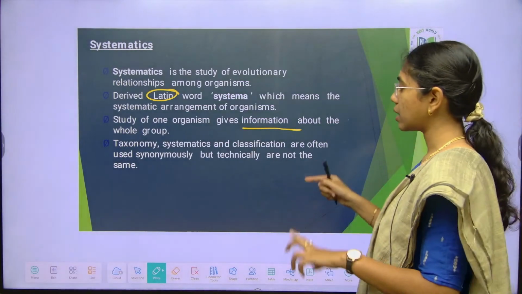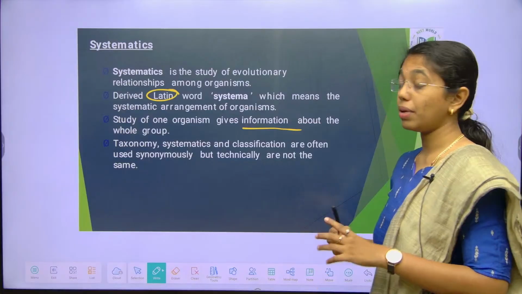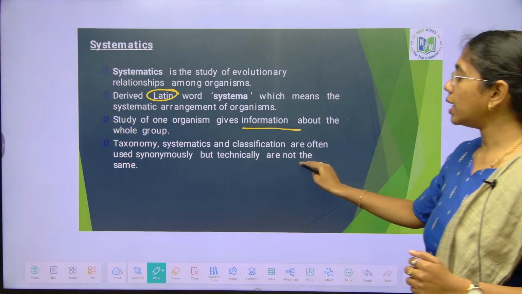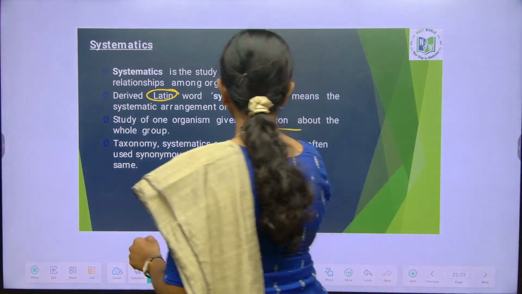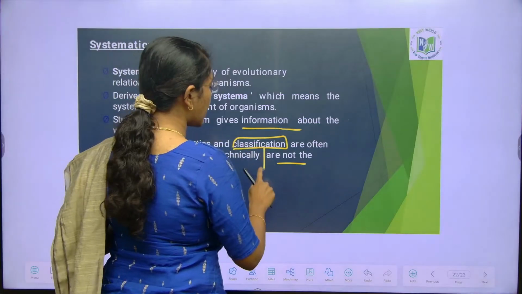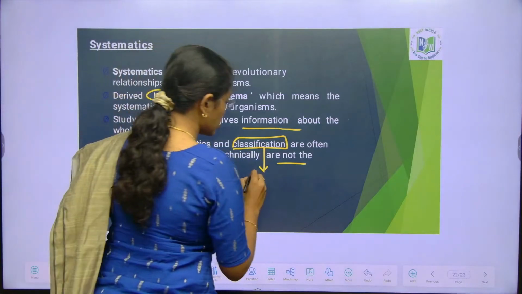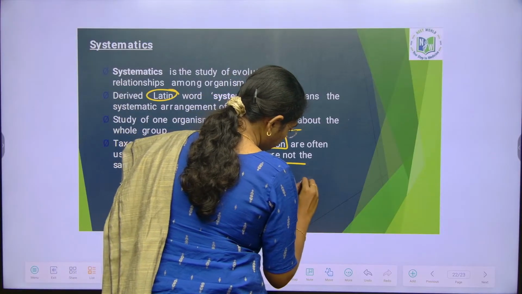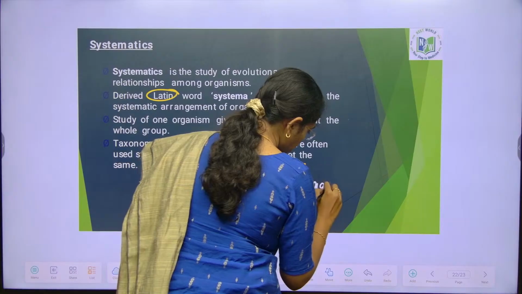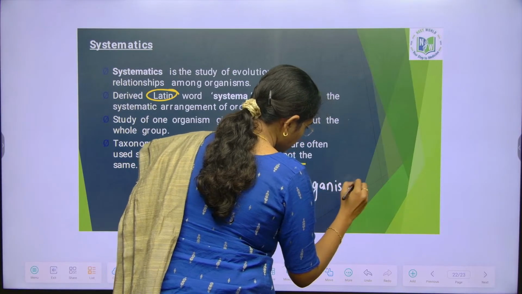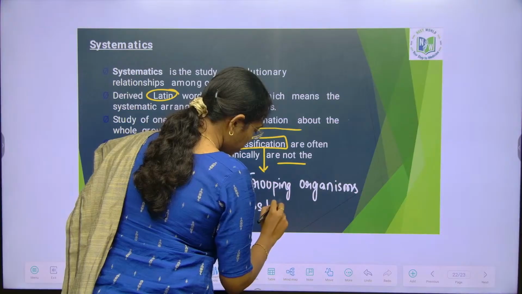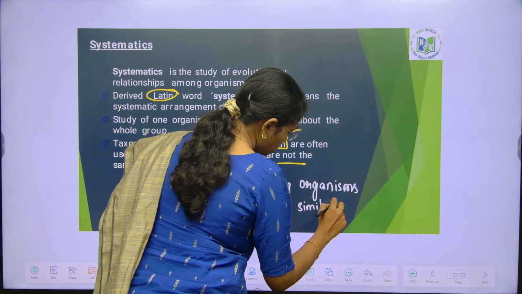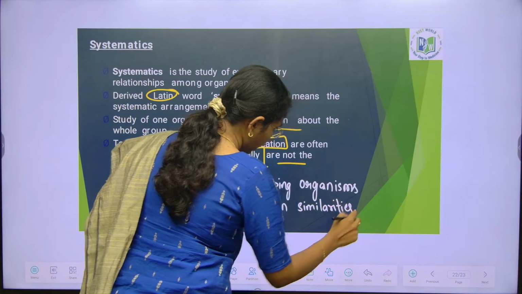Taxonomy, systematics and classification are often used synonymously, but technically they are not the same, because classification is grouping organisms based on similarities and differences.